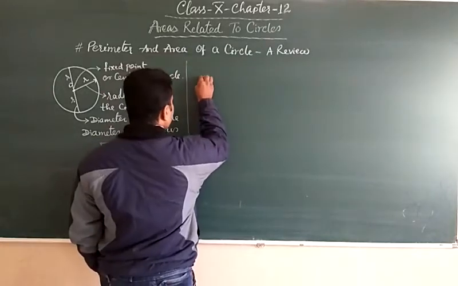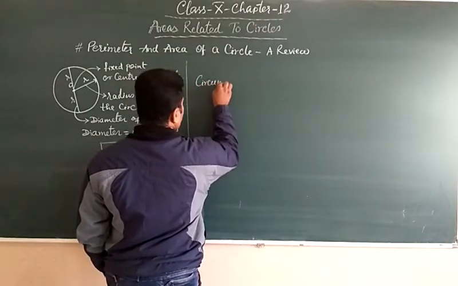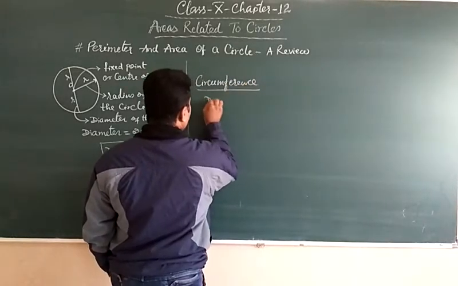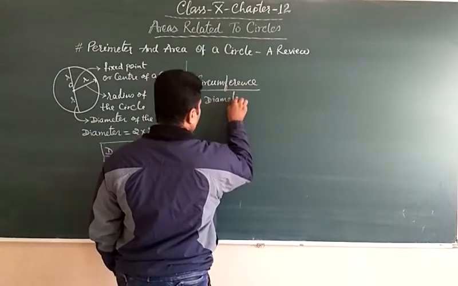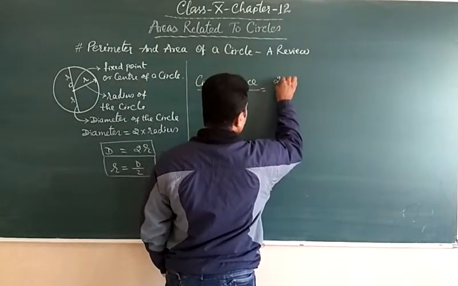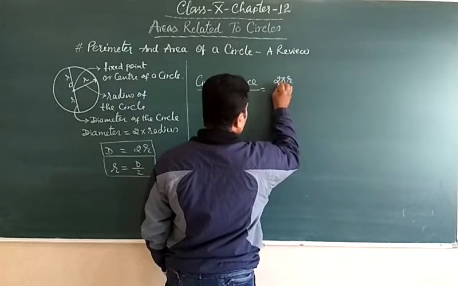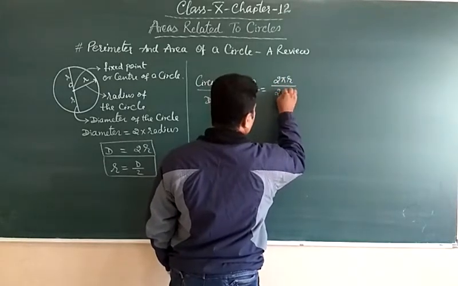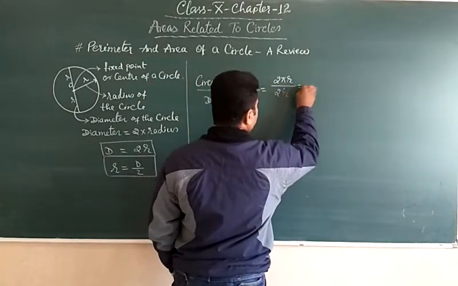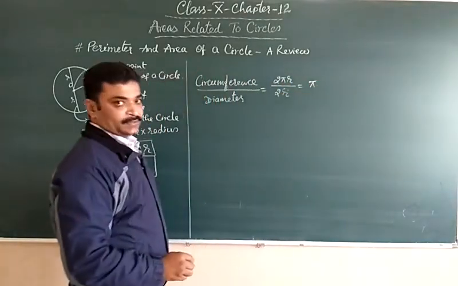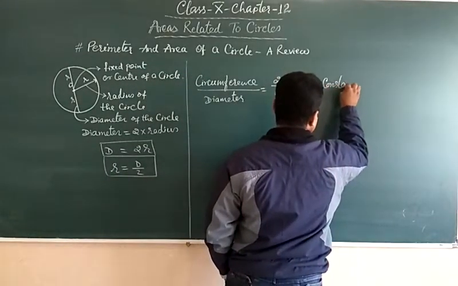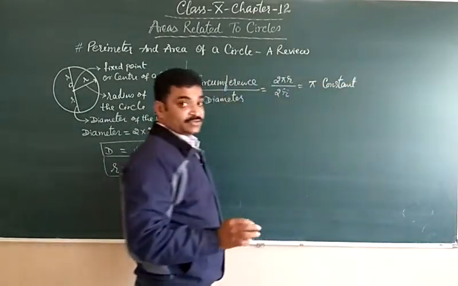So circumference upon diameter is equal to 2 pi r upon 2r, that means pi, which is constant.